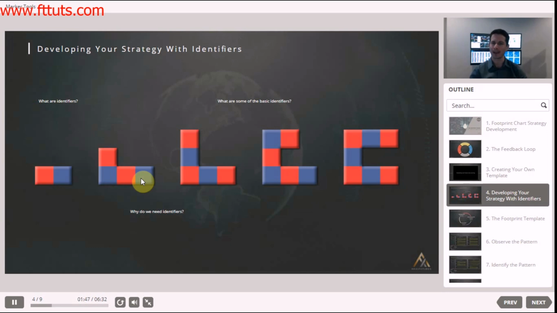Now, one of the best examples of an identifier is volume. So let's take, for example, over the last 10 trading sessions, you've suddenly recognized that whenever the volume exceeds, say, 50,000 contracts, price tends to very aggressively fall or rise. Okay. Now, if you've noticed this, you've recognized a pattern based on the identifier of volume.